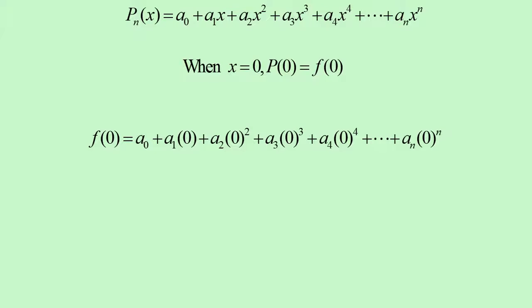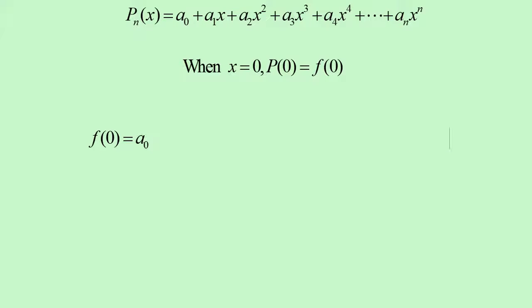Like I did with the e to the x function, we would like for the value of this polynomial at x equals 0 to be equal to the function that this polynomial came from, which we're calling f. And so we would like p of 0 to be equal to f of 0. Well, p of 0, notice, comes out to be just the a sub 0.